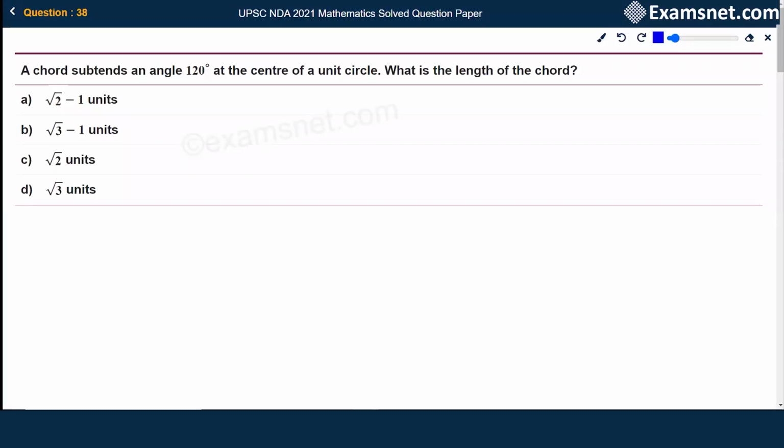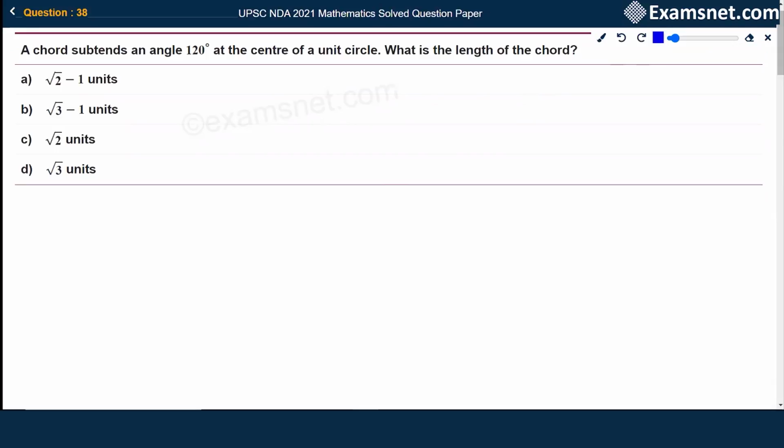Question number 38 states that a chord subtends an angle of 120 degree at the center of a unit circle. What is the length of the chord? Let me tell you one important thing.